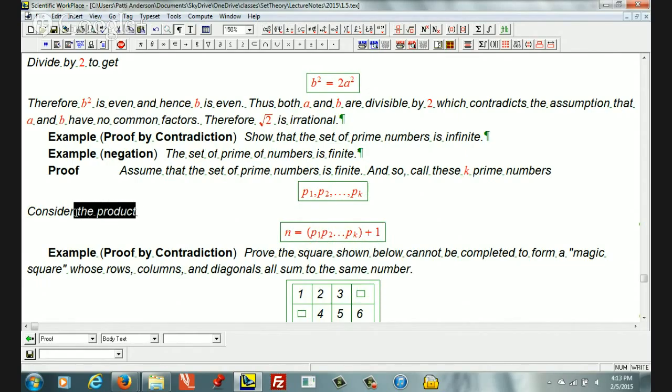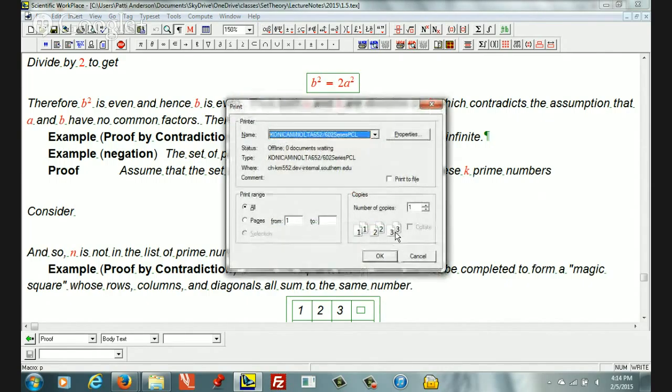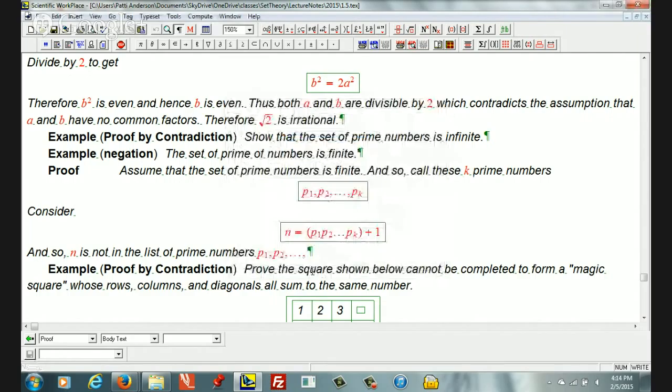I'm just going to say consider: take all of our prime numbers, multiply them together, add 1 to it. That's bigger than any of these prime numbers right here, correct? It's bigger than all of those. It can't be in that list.